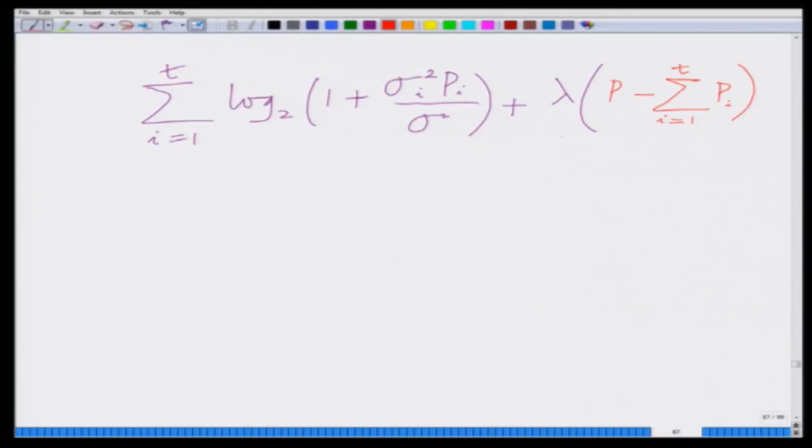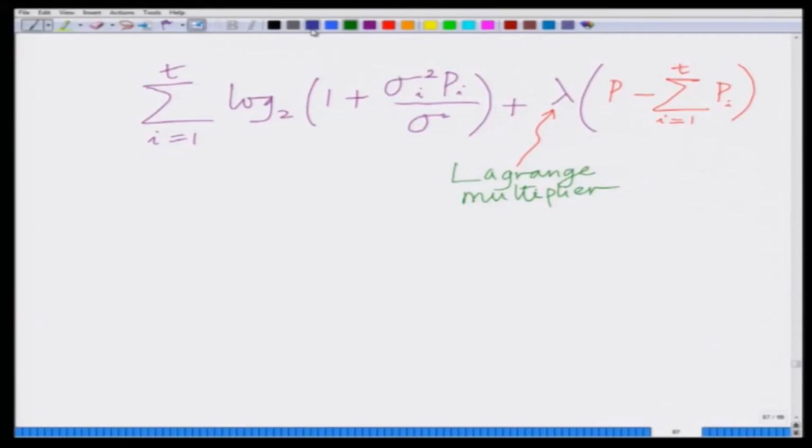So, this is my objective function, where lambda is termed as the Lagrange multiplier. So, we are forming the Lagrangian for this optimization problem, which is basically the original objective function plus lambda times the constraint, which is the total power constraint.